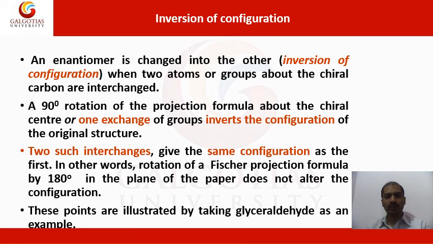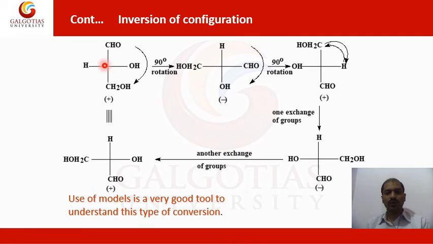So we can see here the inversion of configuration. Here you can see this is a 90-degree rotation, and once you replace this group by this, this is a total of 180 degrees. Similarly, you can see an example of groups here, another example where you can interchange these two groups.